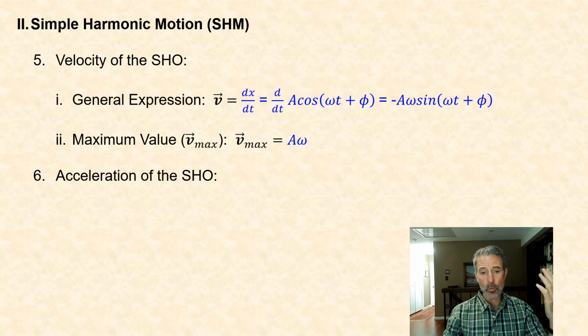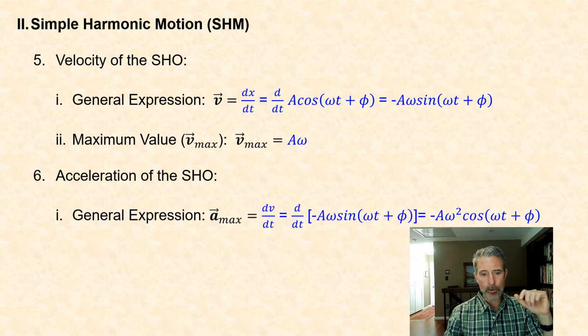As we said, we can also find the acceleration of the simple harmonic oscillator at any time by taking the second derivative of position or the first derivative of velocity. Since we have our velocity function, let's differentiate it once more to get an expression for the acceleration.